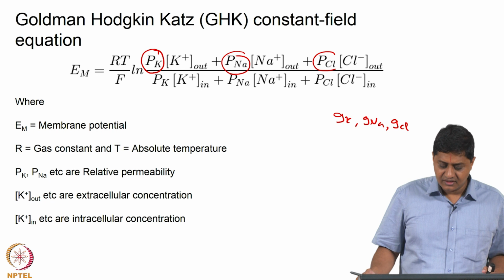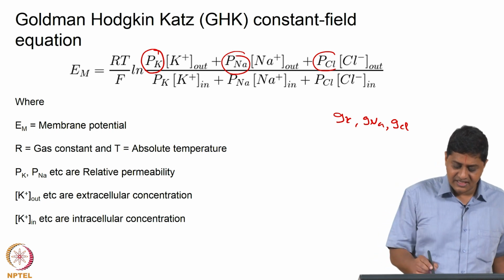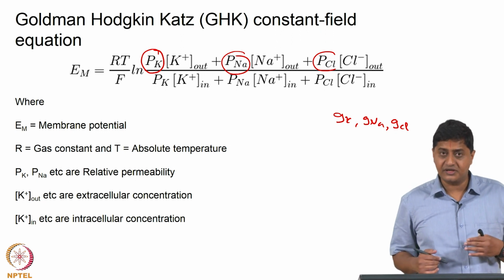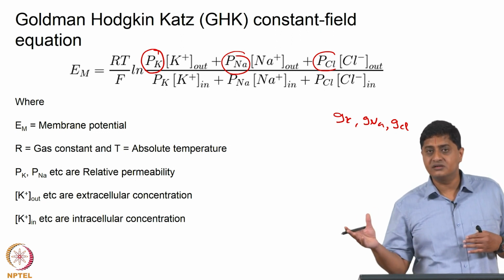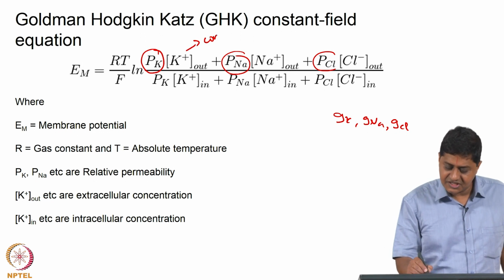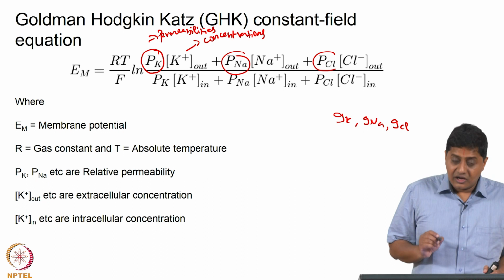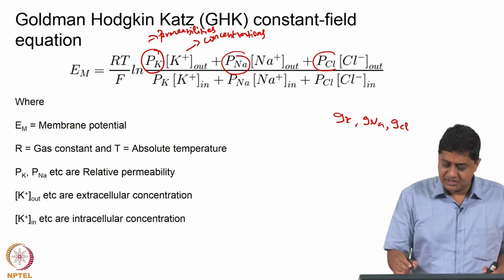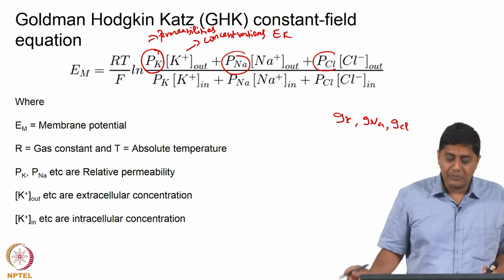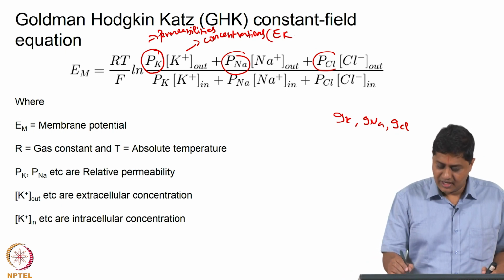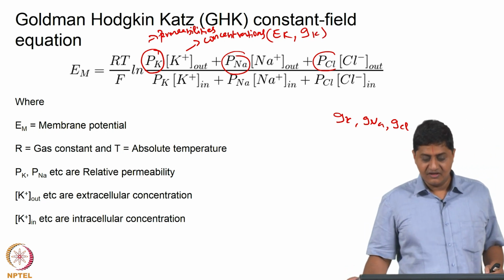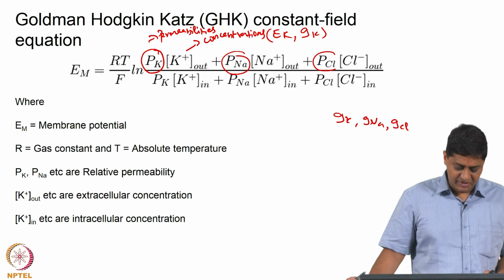What we are doing rather is something else here. Instead of weighting the conductance as a function of total conductance and multiplying it by the Nernst potential, here concentrations and permeabilities are used instead of the equilibrium potentials and the conductances. Instead of EKs and GKs we use concentrations and permeabilities.